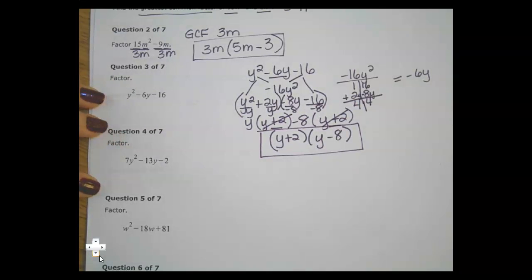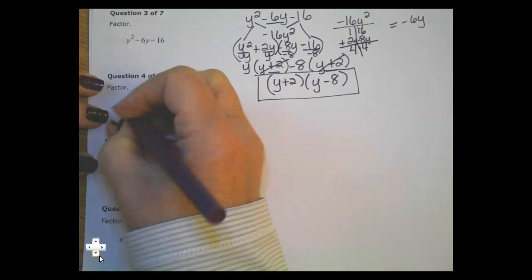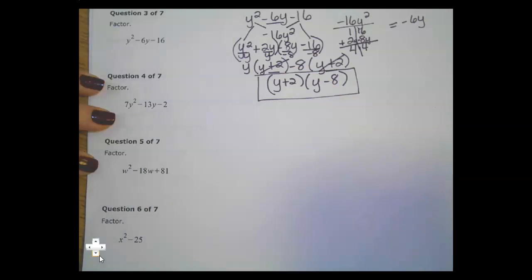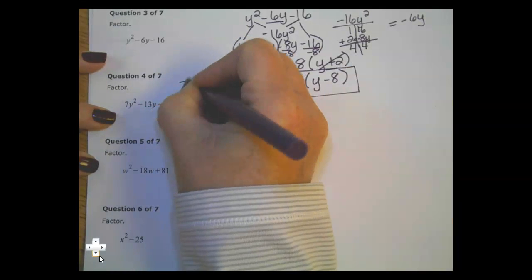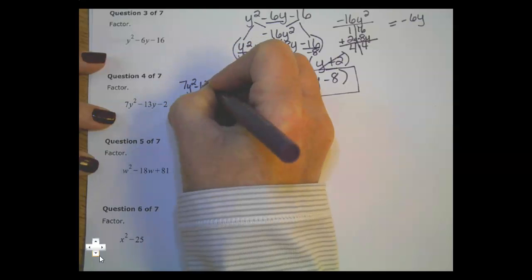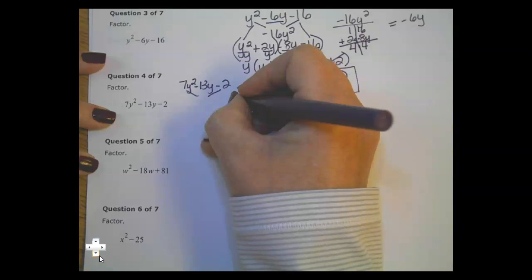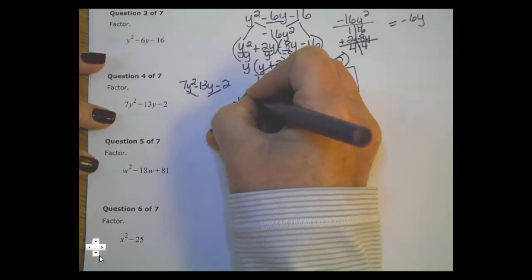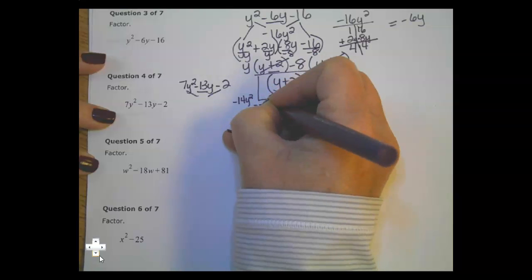Number 4 is very similar, but the numbers are bigger. So let's start here somewhere. Where am I going to start? I'll try to put it in here. So 7y squared minus 13y minus 2. Multiply those to get a -14y squared. And it needs to equal a -13y when you add them.